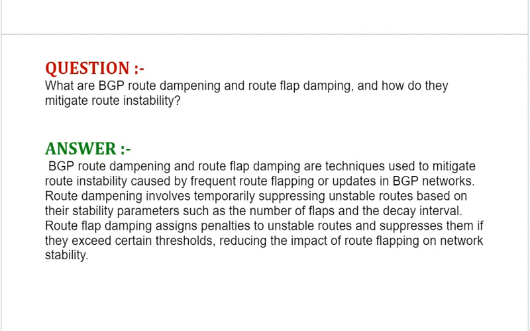Route dampening involves temporarily suppressing unstable routes based on their stability parameters such as the number of flaps and the decay interval. Route flap damping assigns penalties to unstable routes and suppresses them if they exceed certain thresholds, reducing the impact of route flapping on network stability.